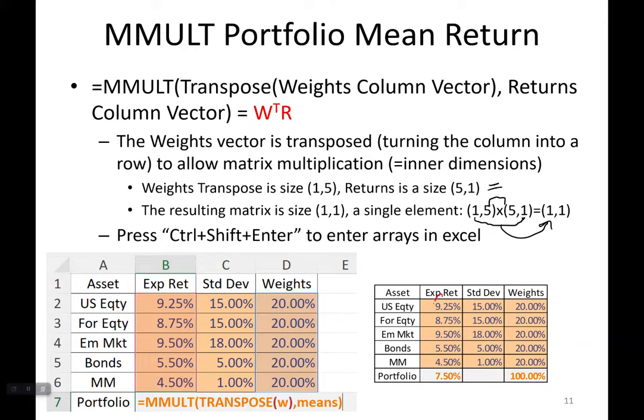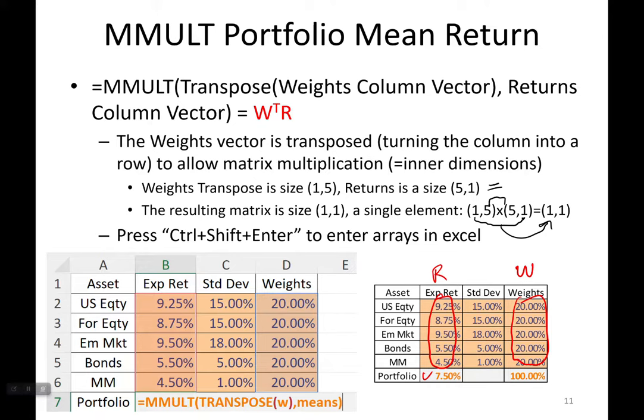Remember, the portfolio mean is just going to be this set of mean returns times this vector of weights. So I know how to do a sum product, we already did that. But let's use matrix algebra to do it. Let's call this R, and let's call this W.